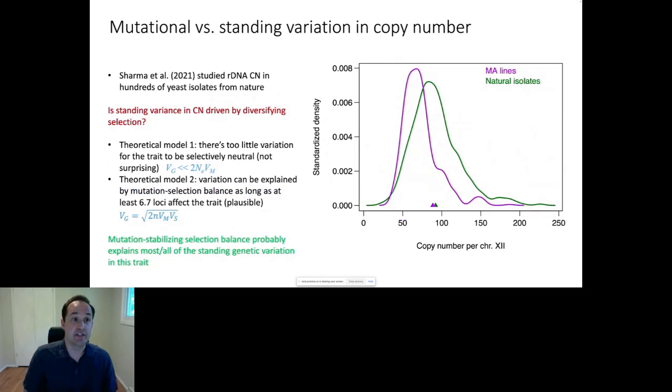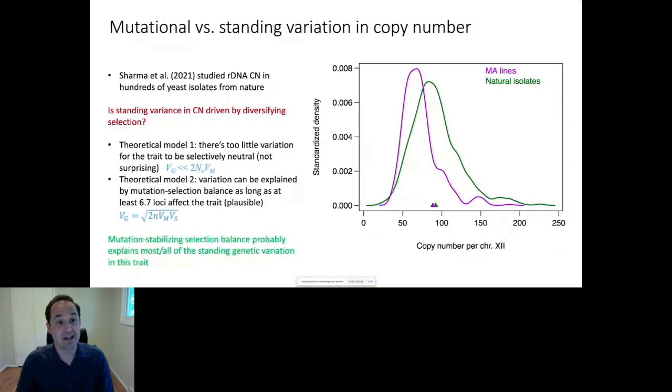One thing that's really fun is that there have been recent studies of natural strains for this trait, how many copies of rDNA there are. And so that's what's shown here in green. You can see we kind of have a similar shape among our MA lines. And we can actually ask whether the standing variance in this trait could be driven by mutational variants or whether we need to invoke some kind of diversifying selection.